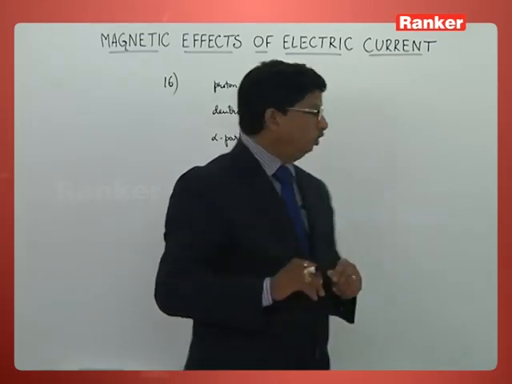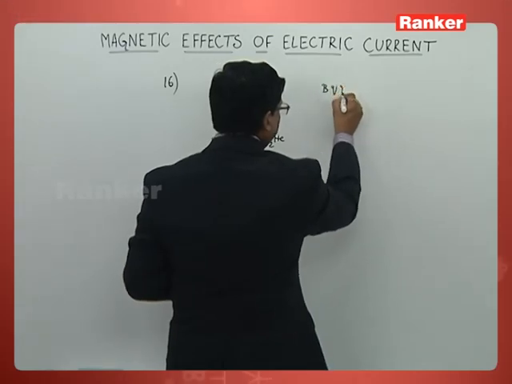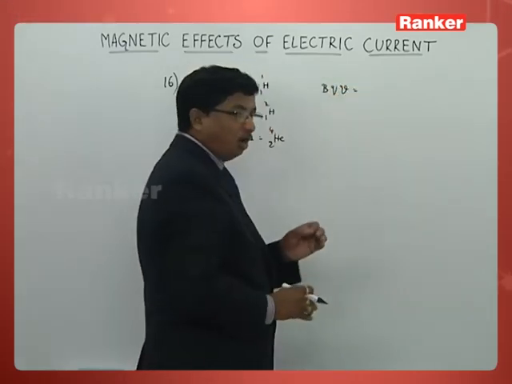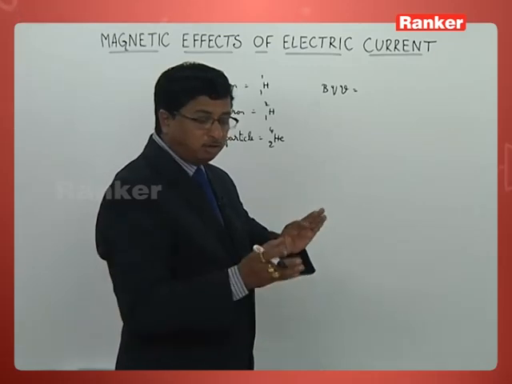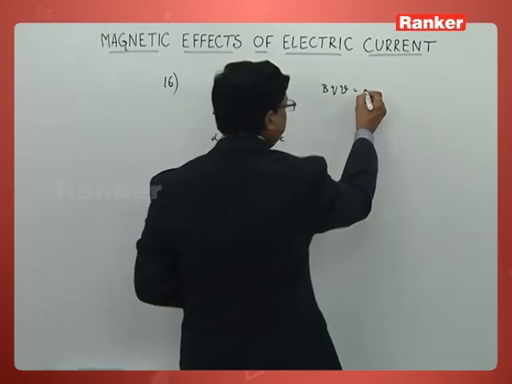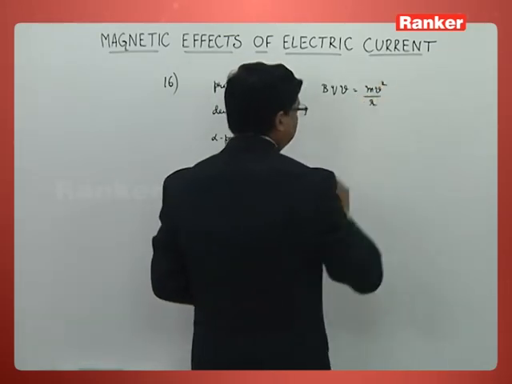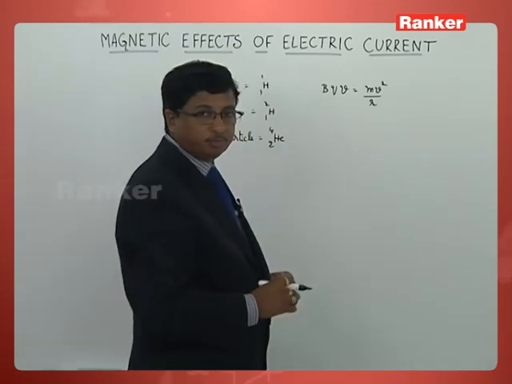So BQV, the so-called centripetal force caused by the magnetic field on the particle, must be equal to mv square by r, the centrifugal force.